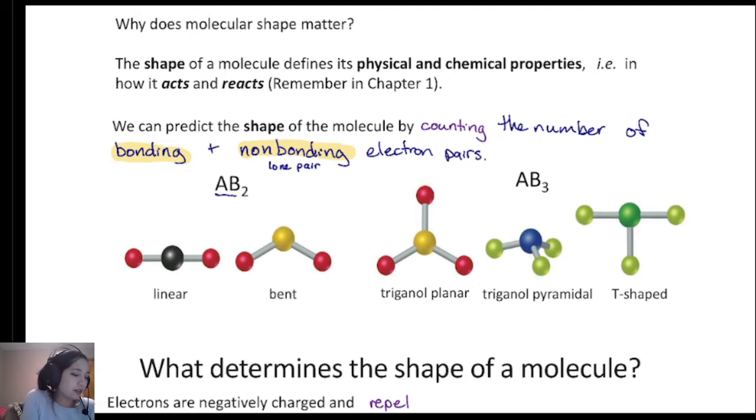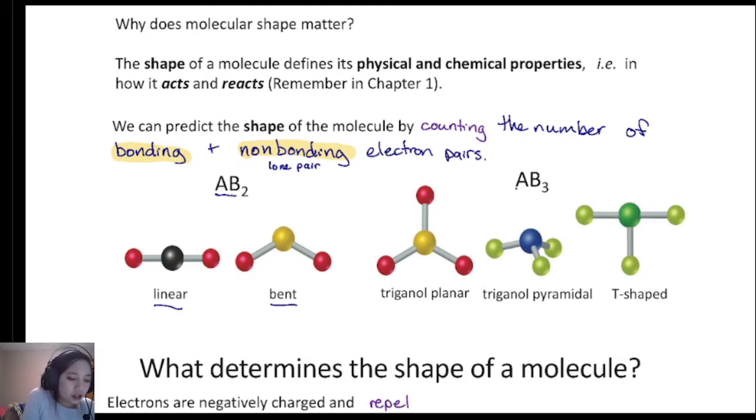Some molecules have a linear shape, some have a bent shape. It's the difference in shape that can affect a molecule's chemical and physical properties. CO2 has different properties than H2O. One very obvious one is that CO2 is a gas at atmospheric pressure and temperature, and water, H2O, is typically a liquid at room temperature.